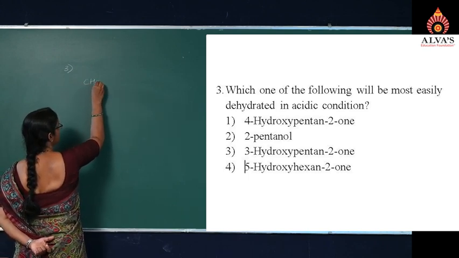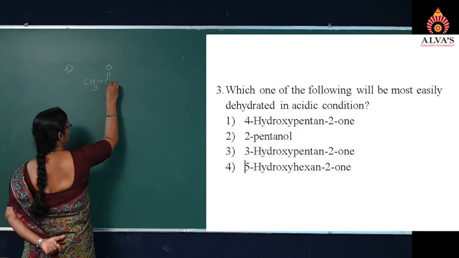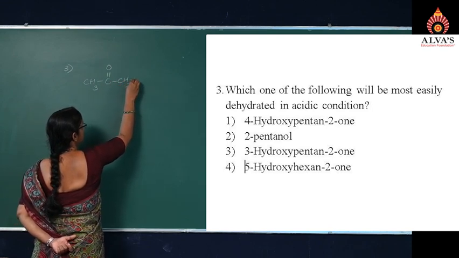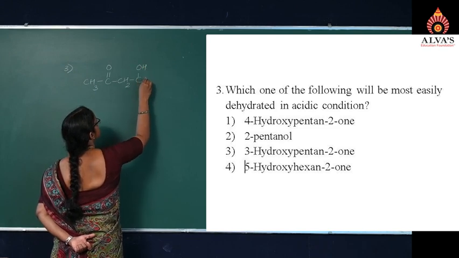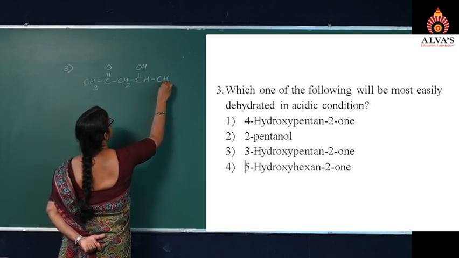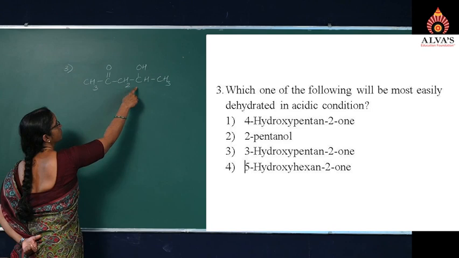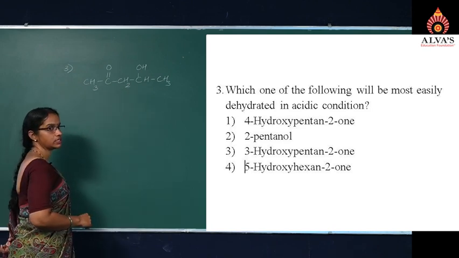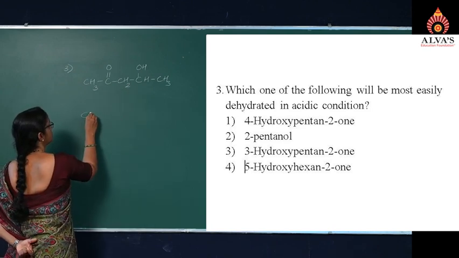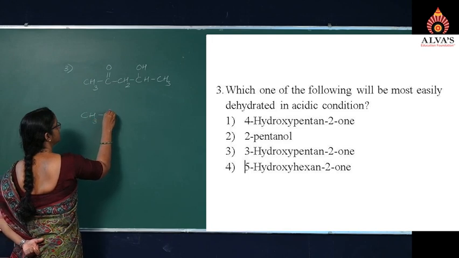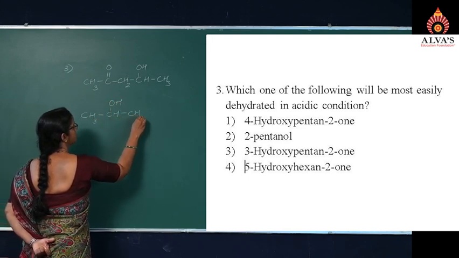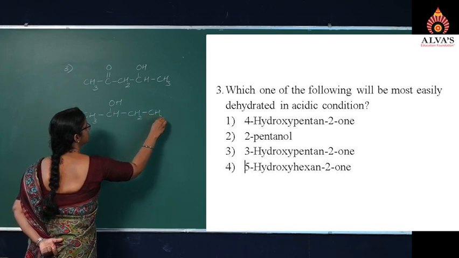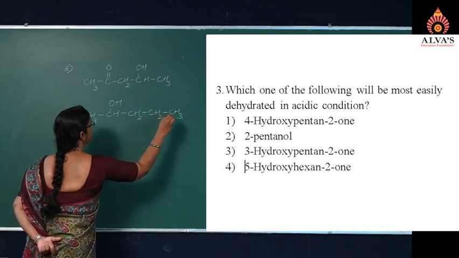It is CH3, C=O, CH2, CHOH, CH3. Second one is 2-pentanol. So it is CH3, CHOH, CH2, CH2, CH3.